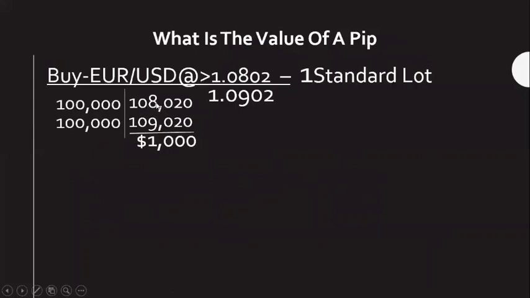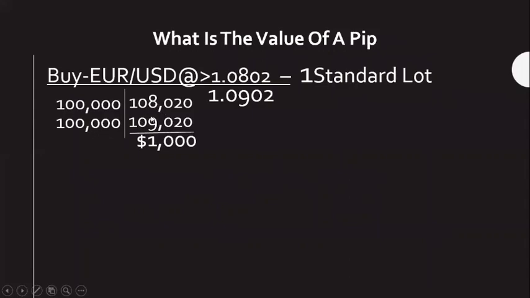So when we made a profit, what actually happened was the exchange rate changed. Making profits in the Forex market is actually exchange rates changing. You bought the euro with your dollar, and you were holding this amount. The broker gave you this amount.